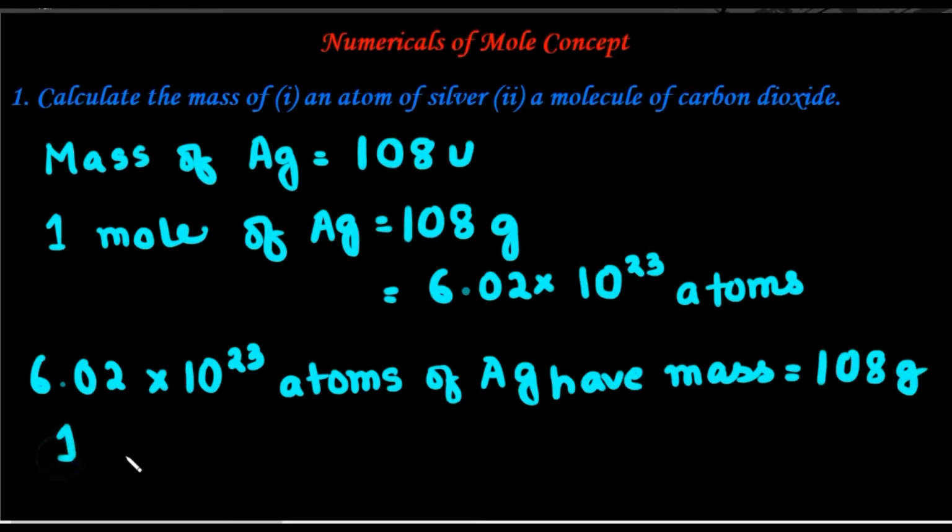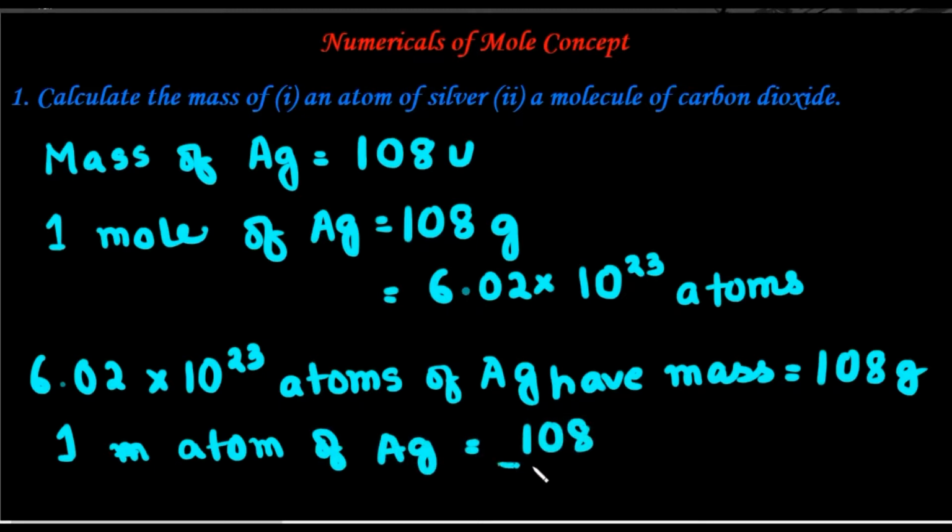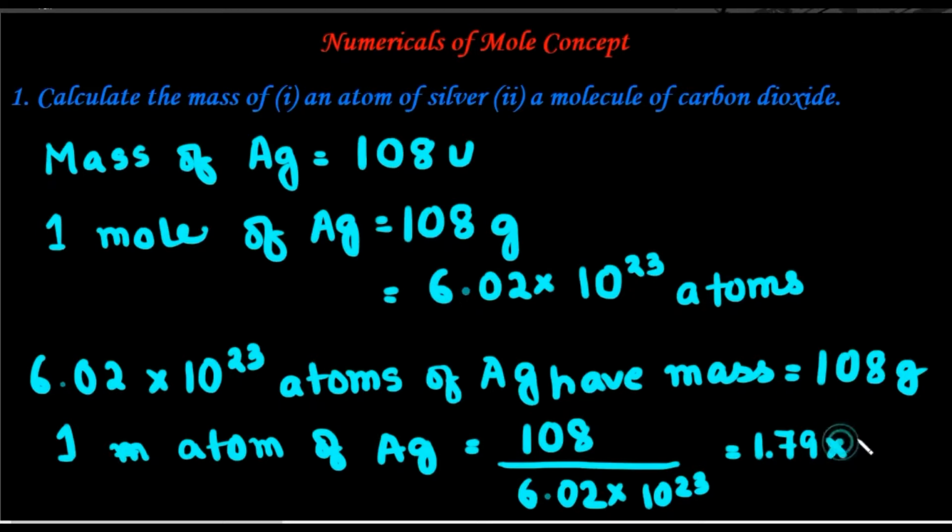Therefore, 1 atom of silver is equal to 108 divided by 6.02 into 10 to the power 23, which is equal to 1.79 into 10 to the power minus 22 gram.